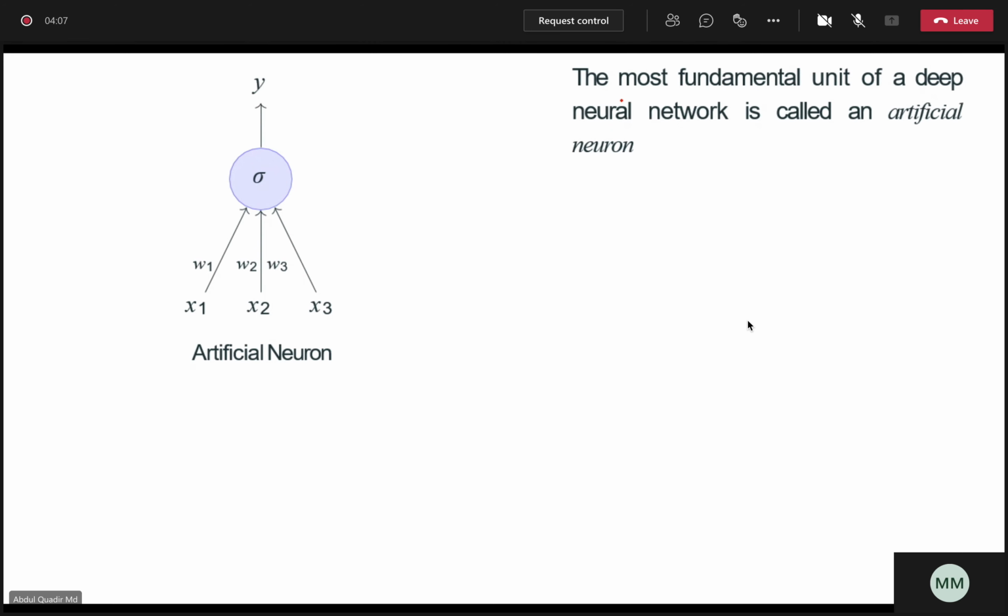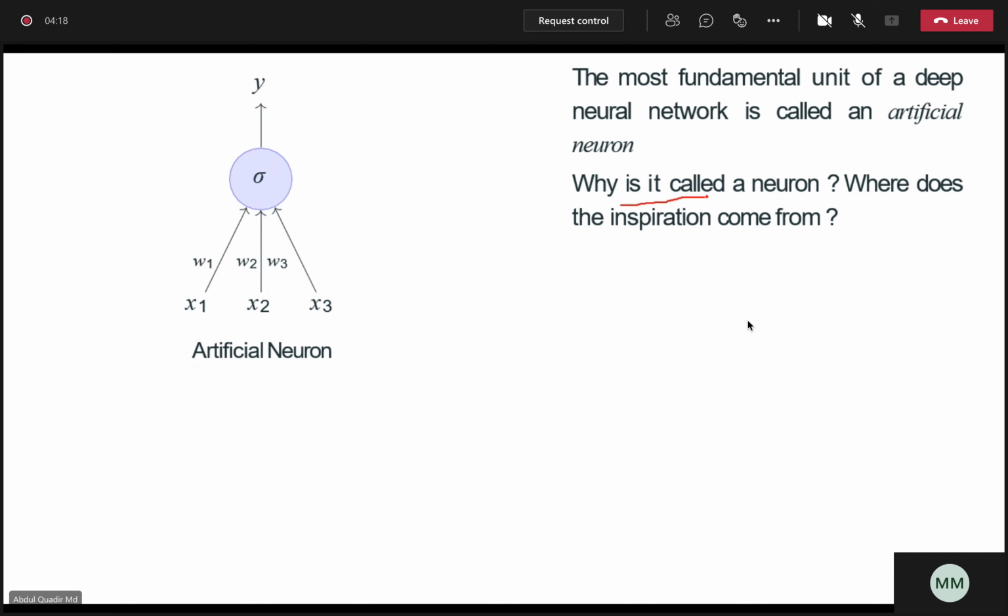The most fundamental unit of a deep neural network is called an artificial neuron. Now why is it called a neuron?